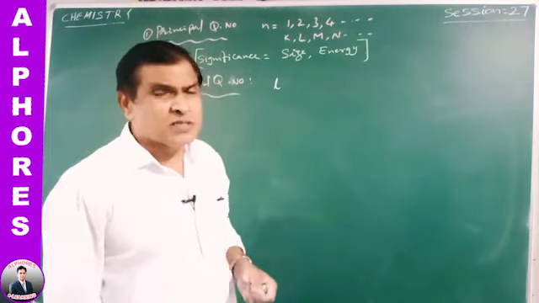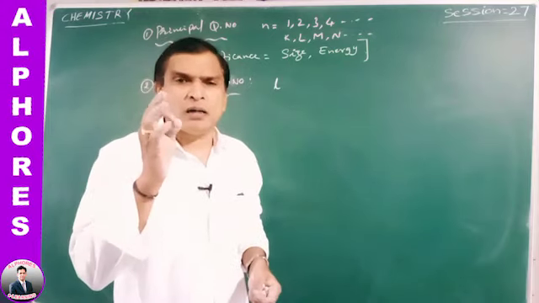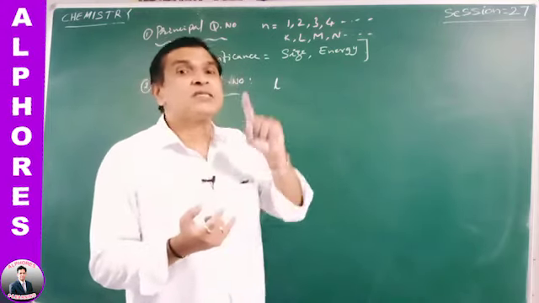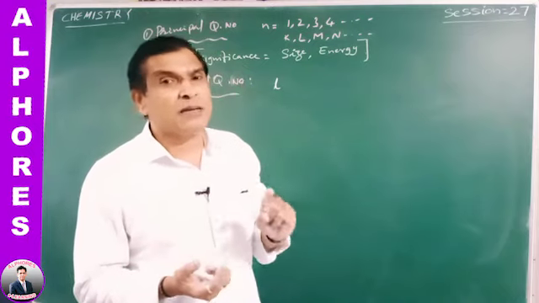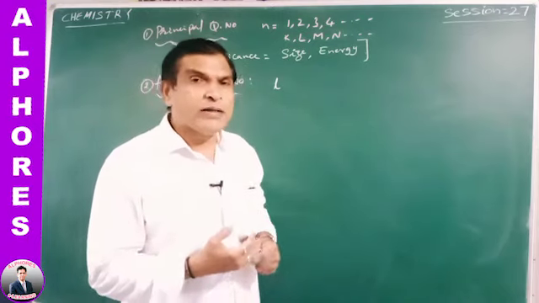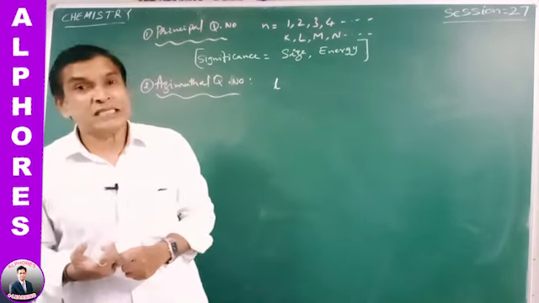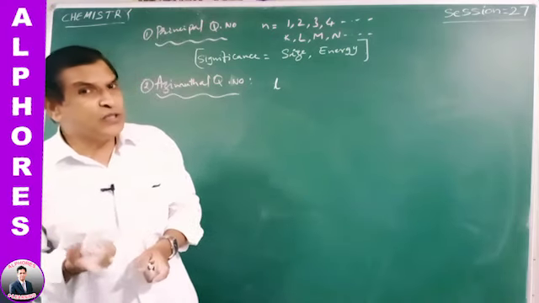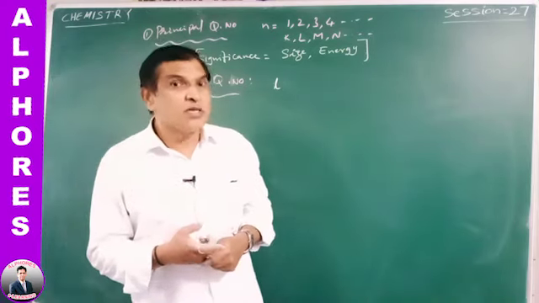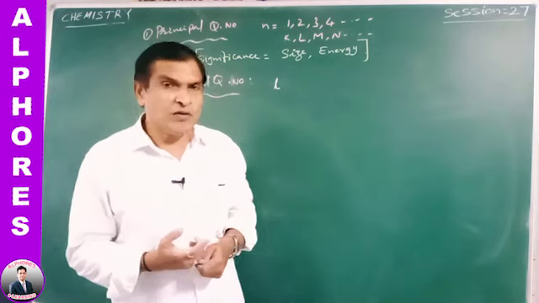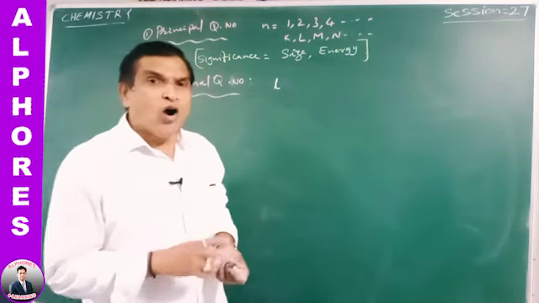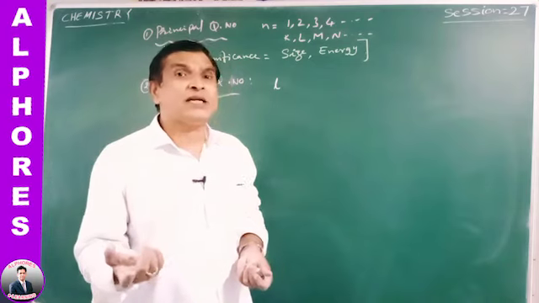l represents the existence of suborbits. Suborbit means subshell, or you can say sub-energy level. According to Sommerfeld, elliptical suborbits exist in addition to the circular orbits in a given energy level.